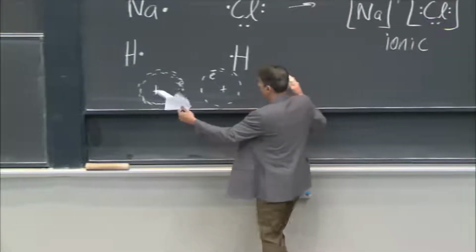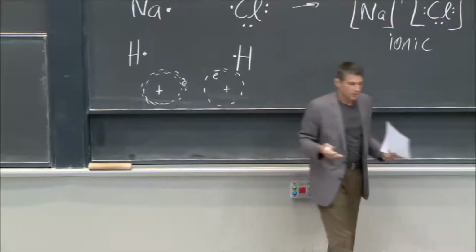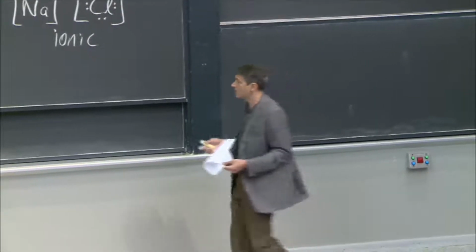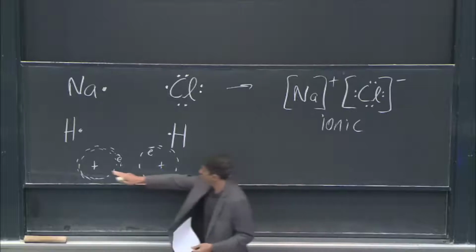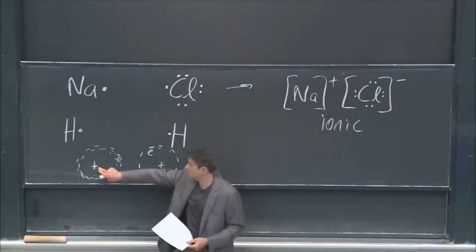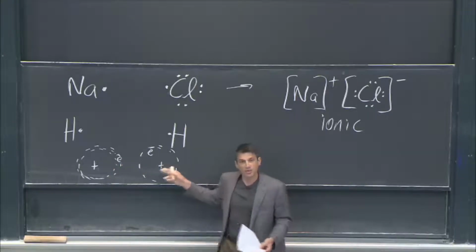And at a certain point, if you bring these together, one of the electrons is like, hey, I got an idea. What if I'm attracted to you sometimes over here, and I'm this electron, I want to be attracted to you, and I'll tell you what, you can be attracted to my proton. And we'll share.